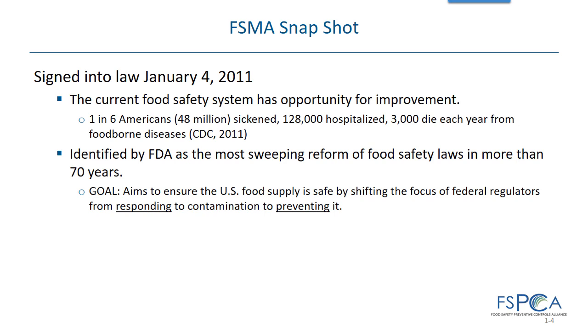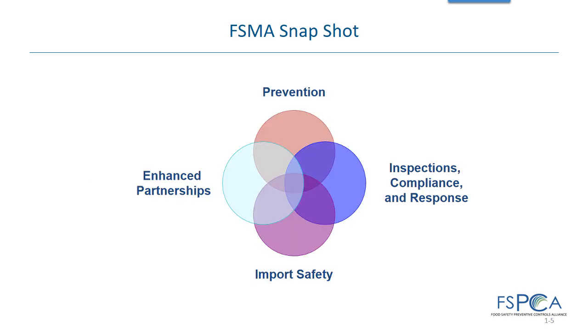So these are the 4 pillars of FSMA that we consider when we're thinking about the creation of this rule. The first one is prevention, and that's the pillar that we are going to live in for the duration of this class, thinking about how we design food safety systems to prevent adulteration. But of course, with that, we have inspections, compliance, and response when it comes to the regulation and implementing those prevention strategies.